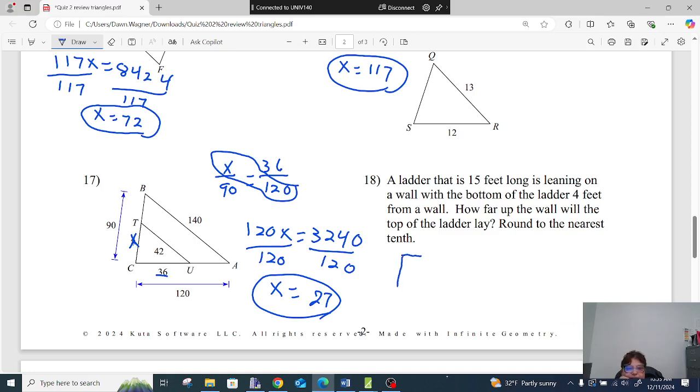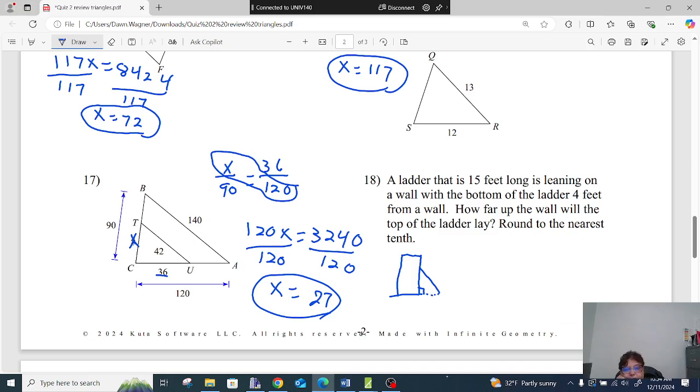So if this is my wall, this would have to be the ladder, correct? And I make a right triangle because you hope that this isn't the Leaning Tower of Pisa, that your wall and the ground is nice and even. That's not always the case, but that's what we're hoping here.